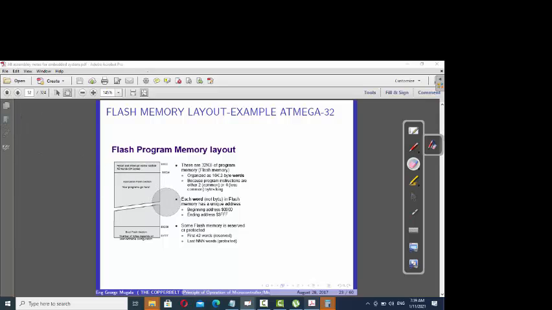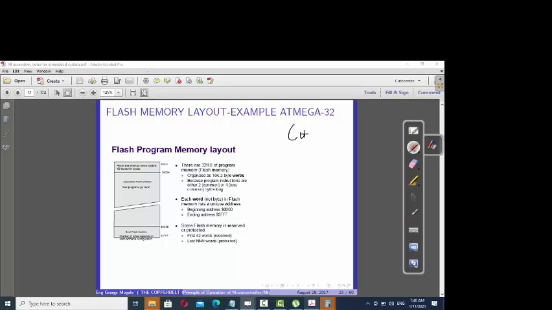But in the next class I'm going to show you the program, because since we've said this is where we write our code, we also have a location for the data in the Mega32. Where do we store the data?